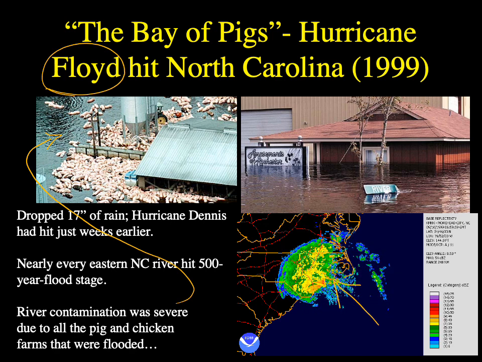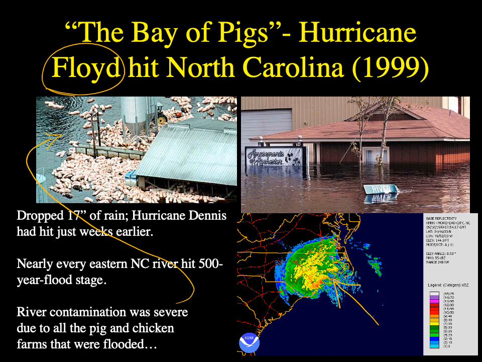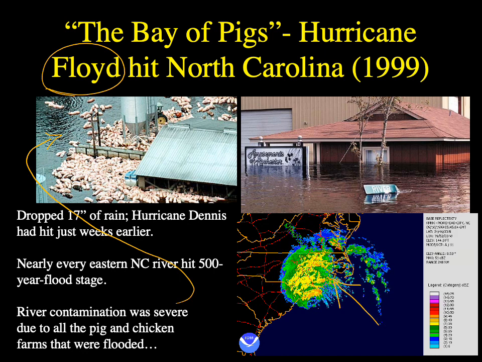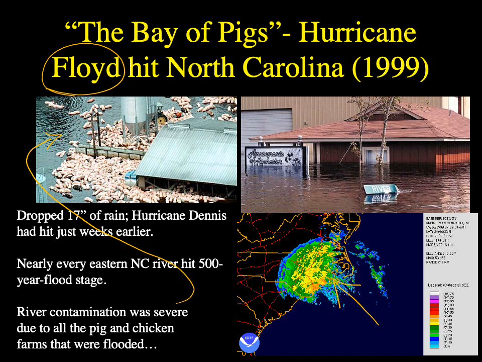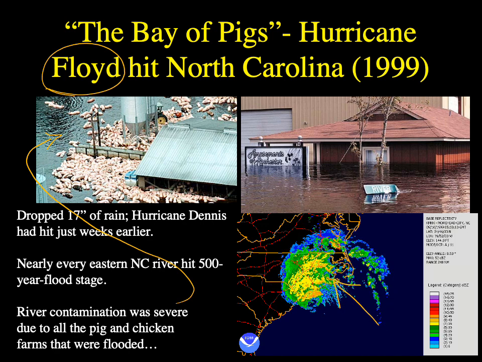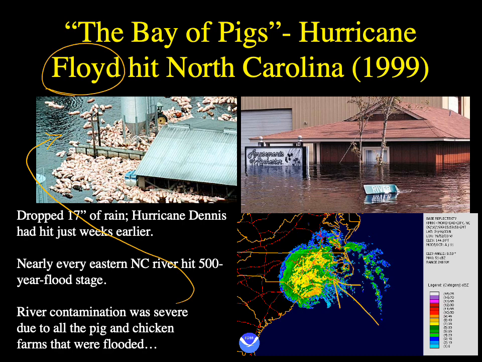And that's what you're seeing here. This is a flooded pig farm. Now you have all the dead and decaying animals from these farms getting into the river water. As the river slowly started to recede, all that contamination from the pig and chicken farms got into the rivers and then, of course, washed down towards the coastal plain.